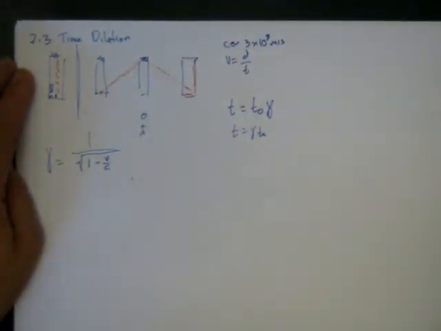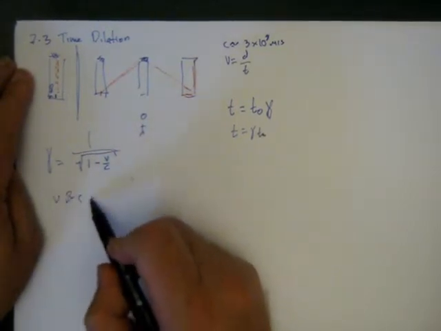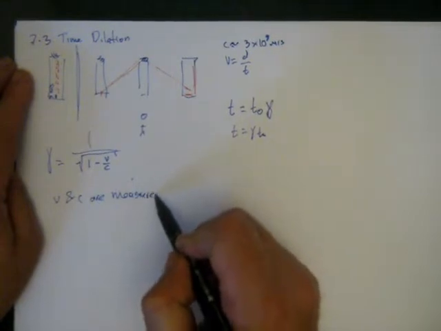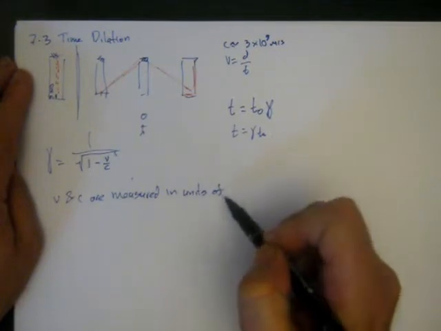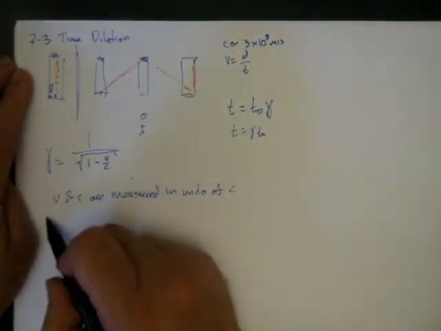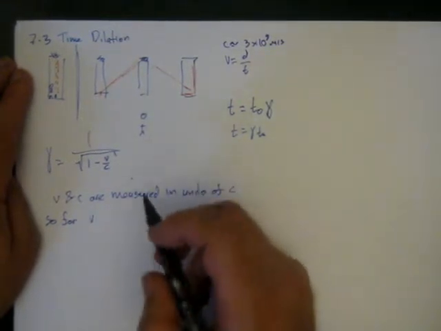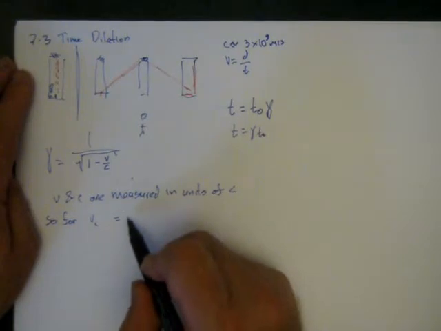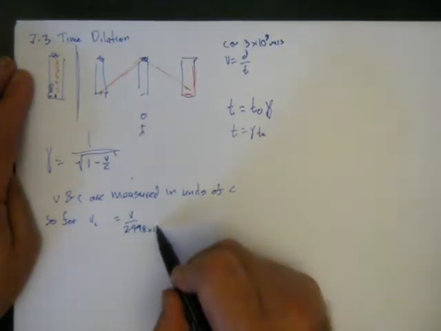For convenience's sake, v and c are measured in units of c. So basically what this means is, for v, take the value v in the units of c, which equals v divided by 2.998 and so on times 10 to the 8 meters per second.